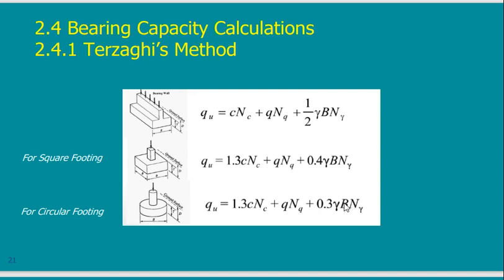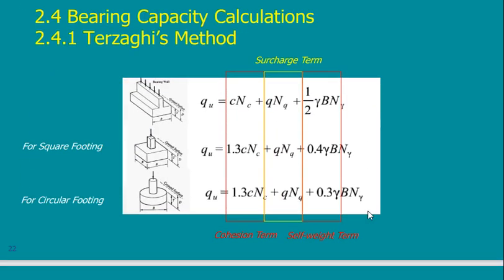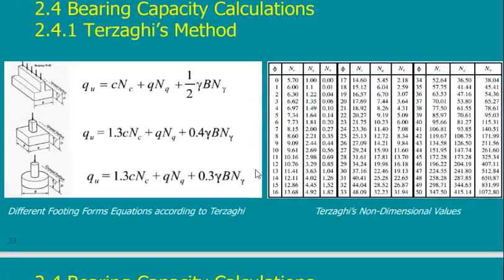B is the dimension of the footing. N gamma is also another parameter. So I have here something called NC, NQ, N gamma. These are parameters that Terzaghi must give us so that we can apply his equation. So he gave us these tables.